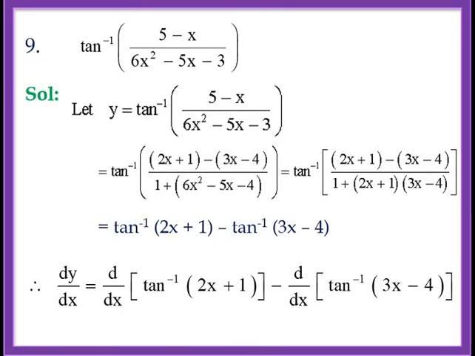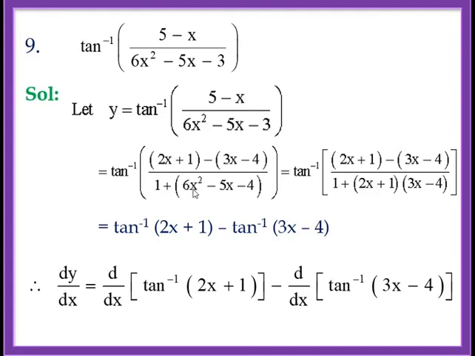Now this is a good one. Again the same logic. In the denominator we need 1 plus or 1 minus. Now coefficient of x square is positive. So I write denominator as, observe the denominator carefully, I write this as 1 plus.